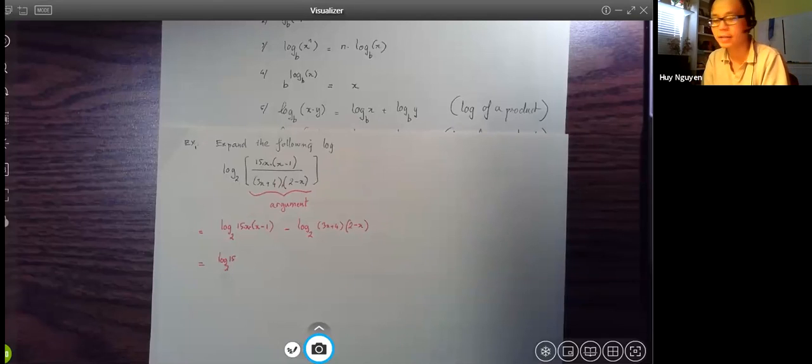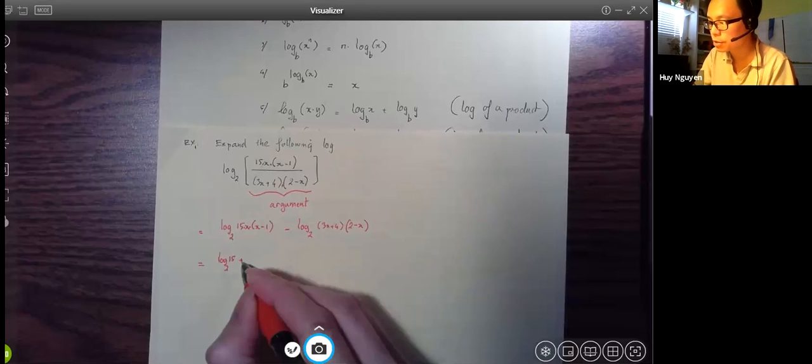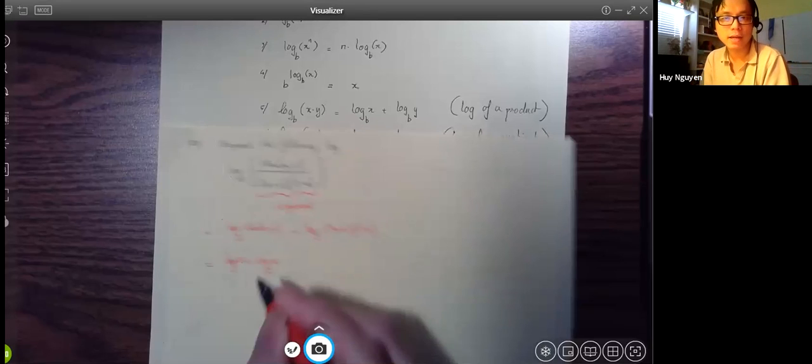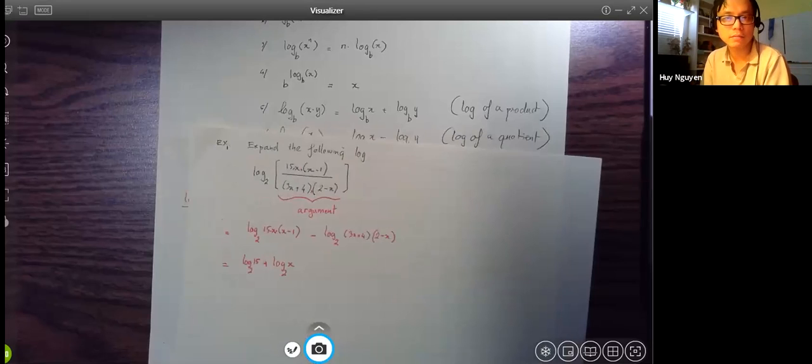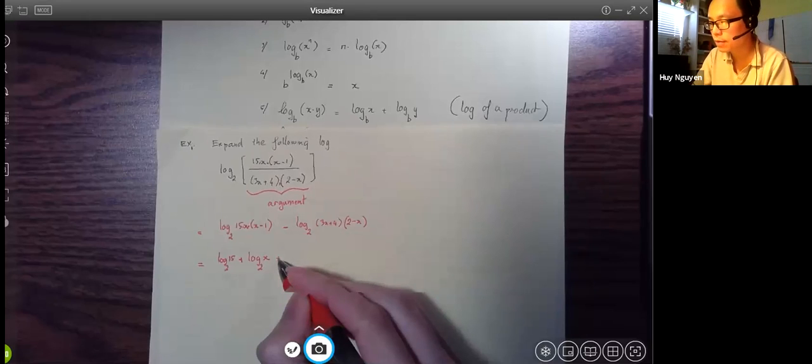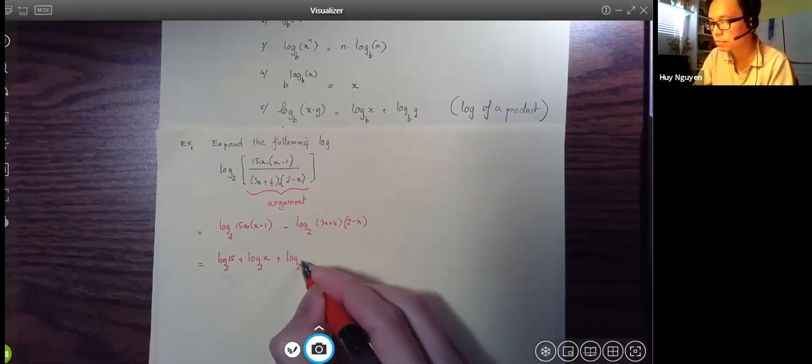That's the first factor of the product plus log base 2 of x. That's the second factor of the product plus log base 2 of x minus 1.